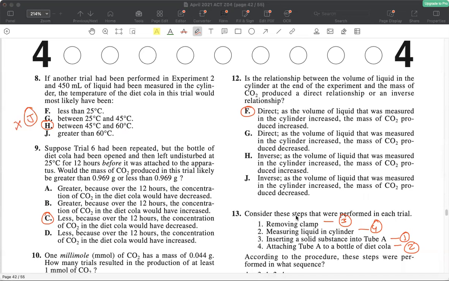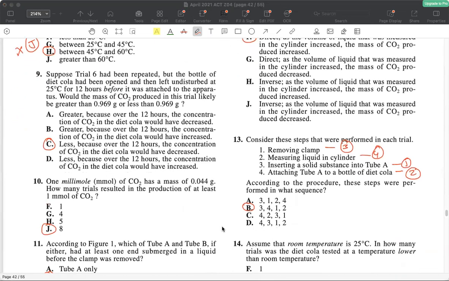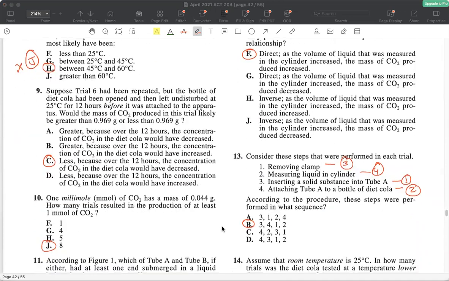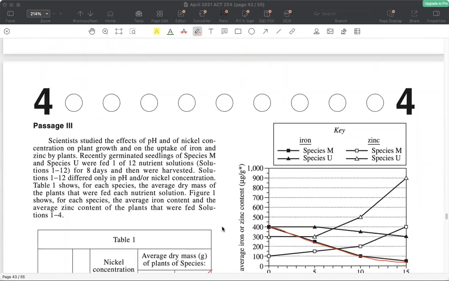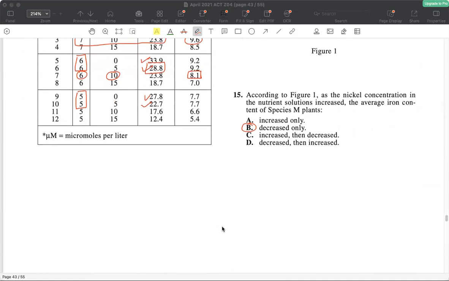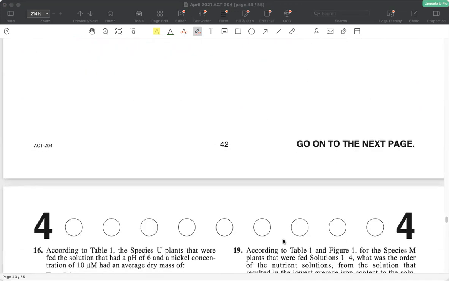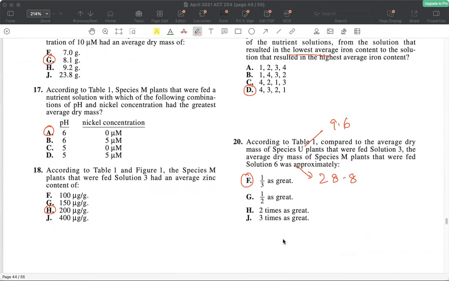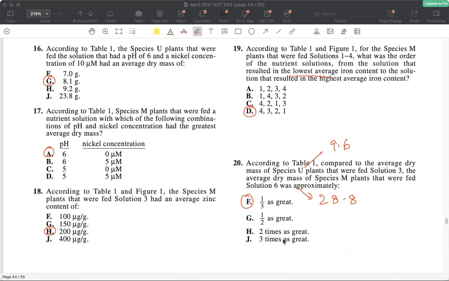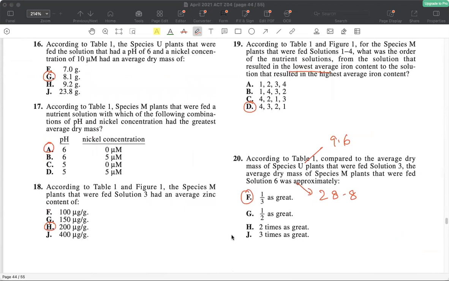11: BFBHB, BFBHB. 16: GAHDJ, GAHDJ. 20 is J, okay.